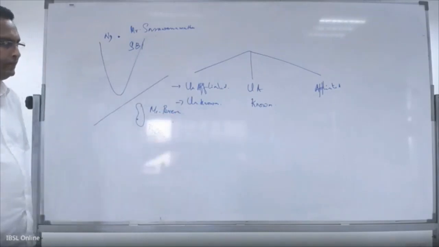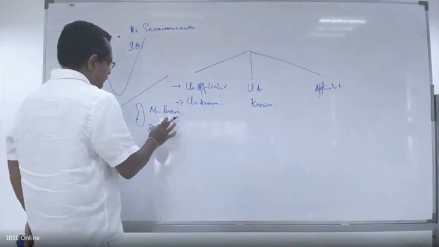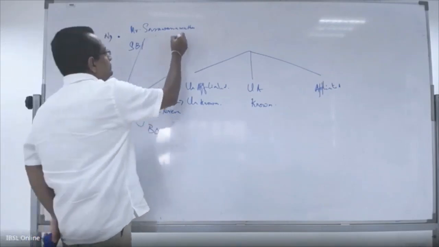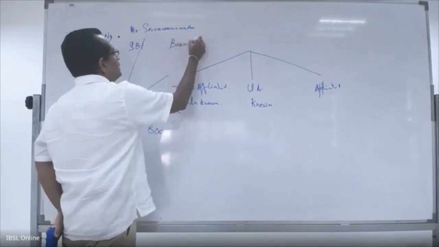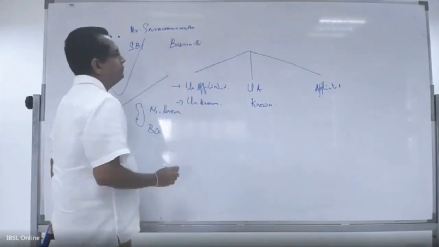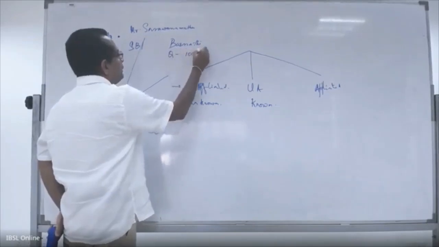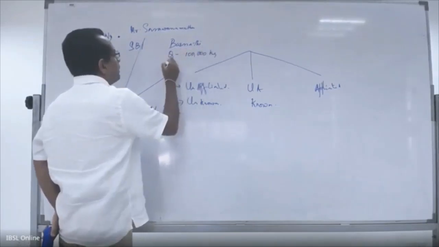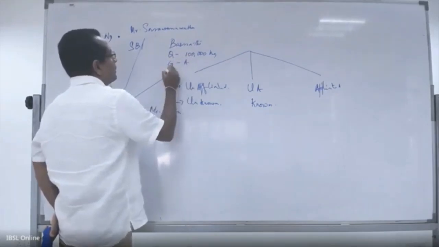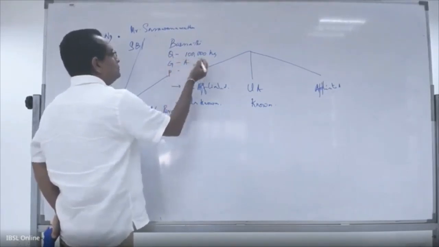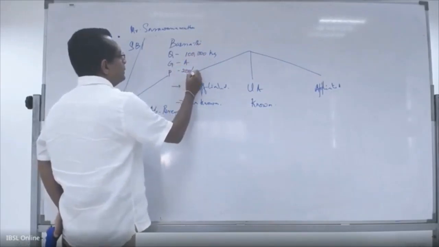Party. Right? So Mr. Pereira wants to buy basmati, right? Quantity 100,000 kilos. Grade A, price 200 rupees a kilo.